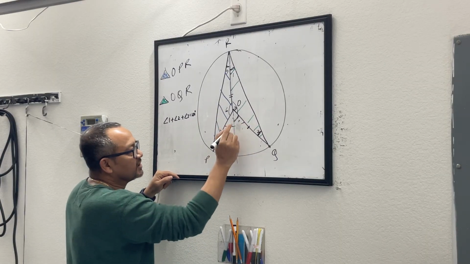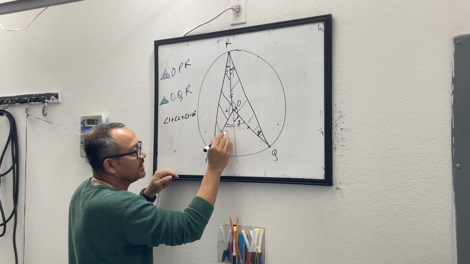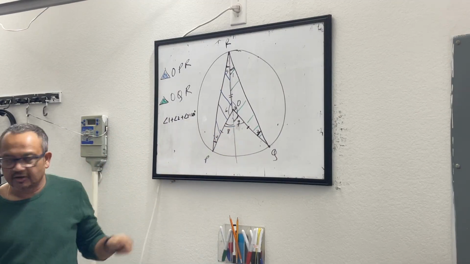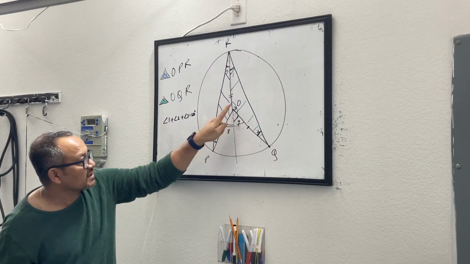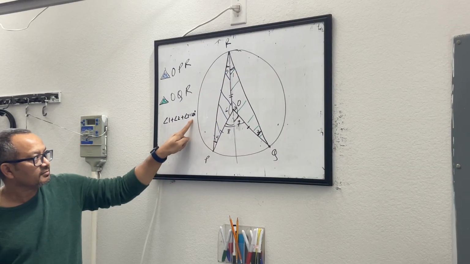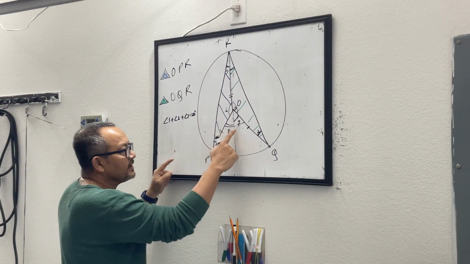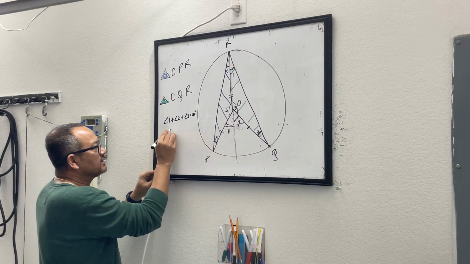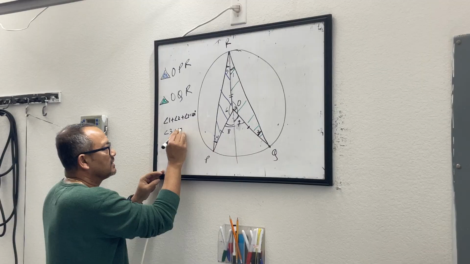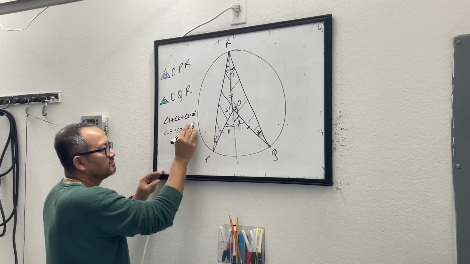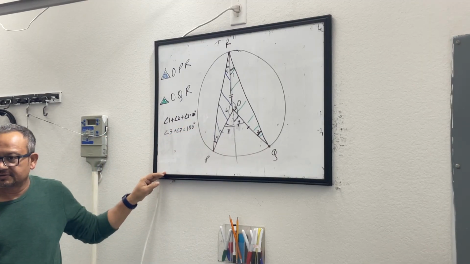Up to 6 we have already consumed, so this is 7 and this is 8. And angle 3 plus angle 7 is equal to 180 degrees. They are making straight angles.